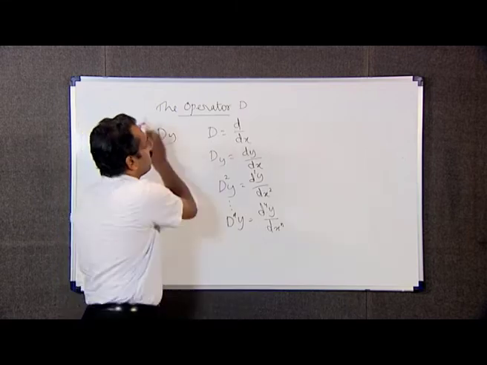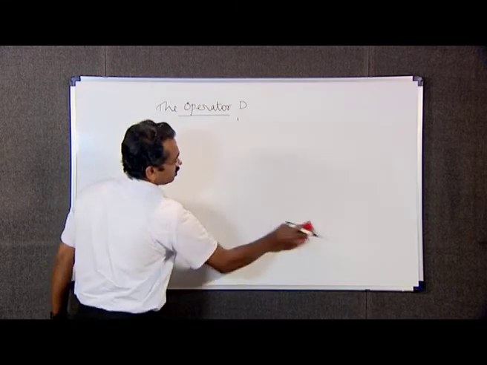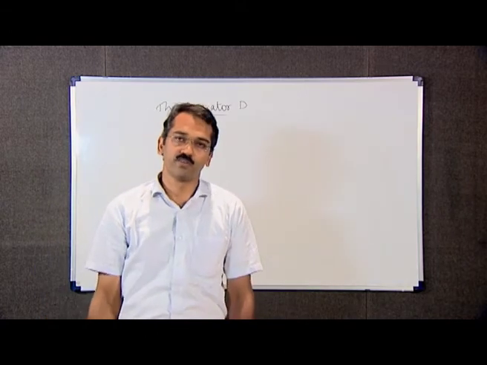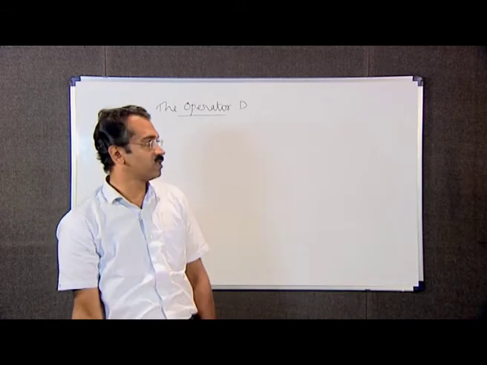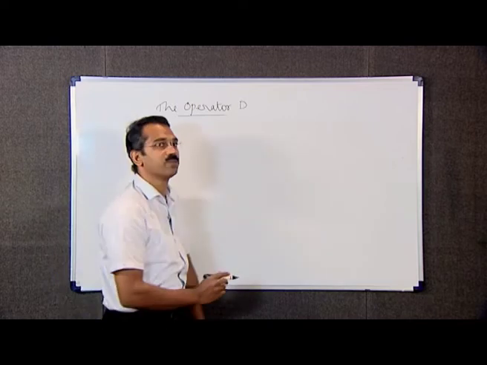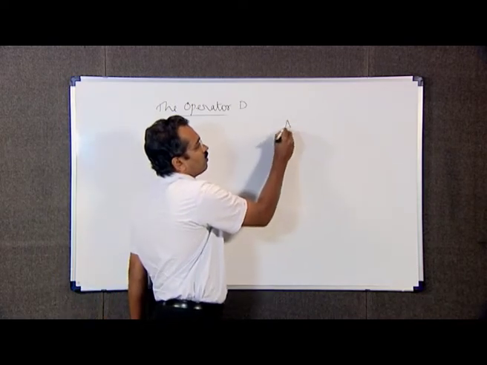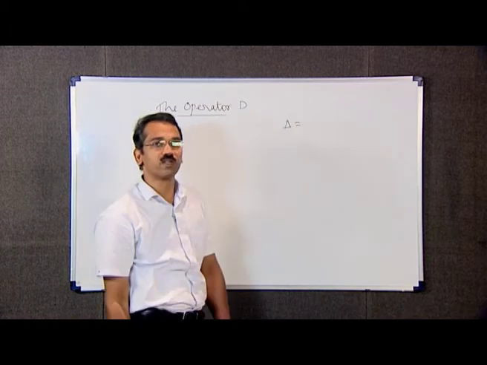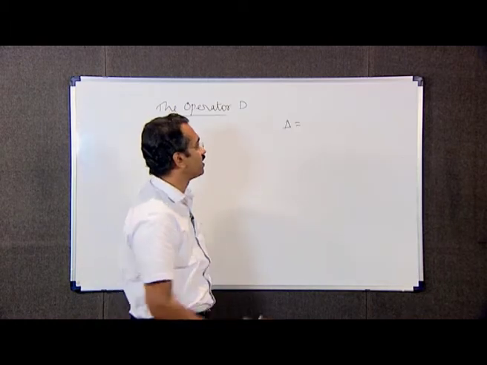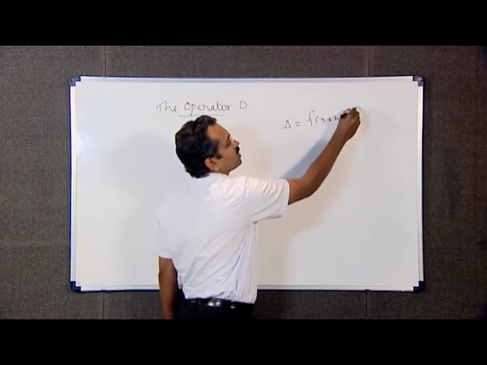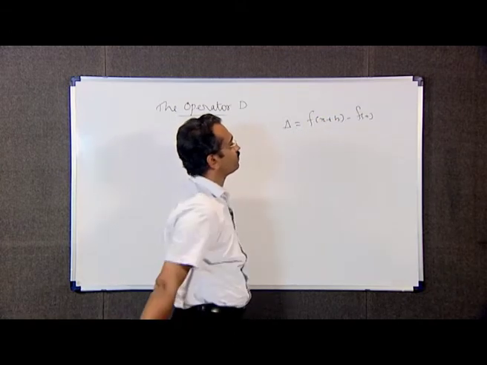Now, there are some relations connecting the forward difference operator delta, the shift operator E, and the differential operator capital D. We have the forward difference operator delta of f of x is equal to f of x plus h minus f of x.